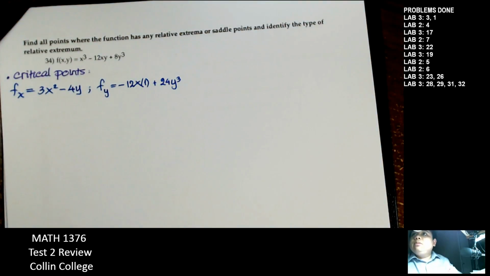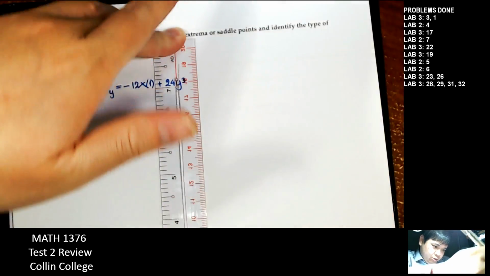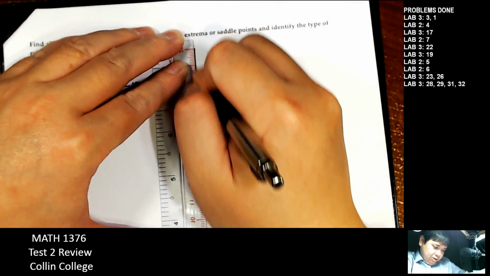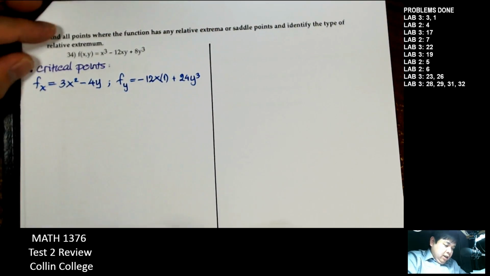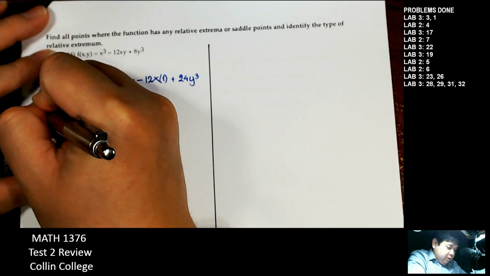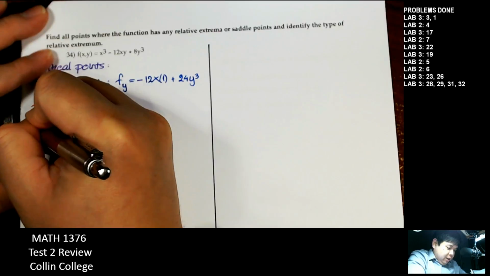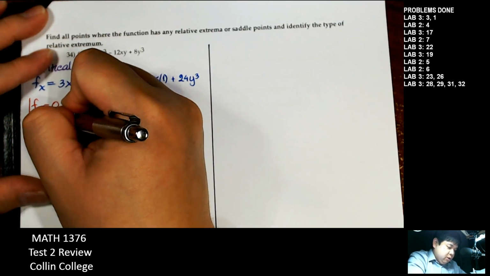Right. It's going to be a long time, so right. Critical points are where the partial derivatives equal 0, with respect to x and with respect to y, both equal to 0.